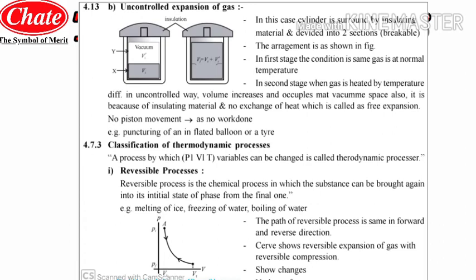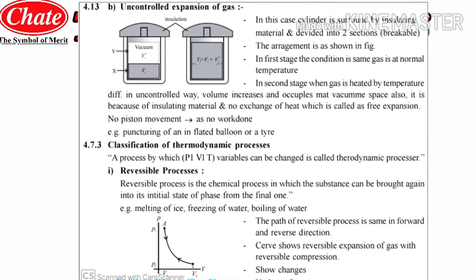Means the initial state and the final state will be attained, and the same point at which the process started will be attained again by this process. This is nothing but the reversible process.